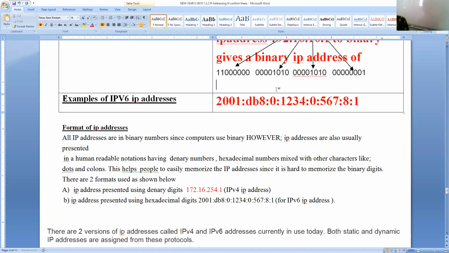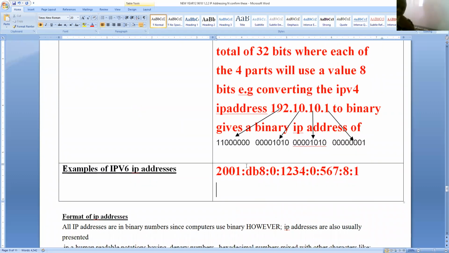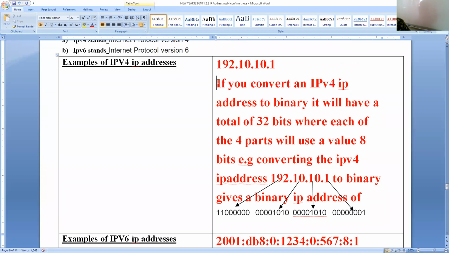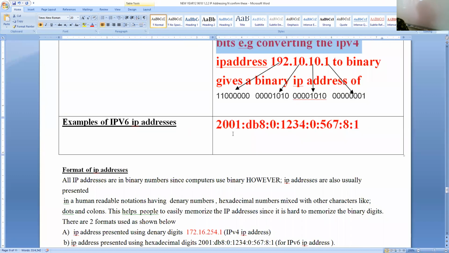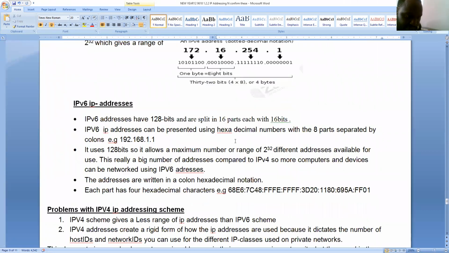Very good. Now, when you move to IPv6, if you have to convert an IPv6 IP address, we're also going to try to do it. If you have to convert this to binary, what happens? Actually, we already have this here for IPv6.